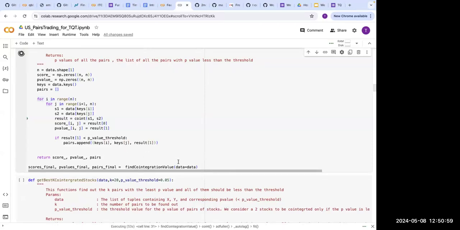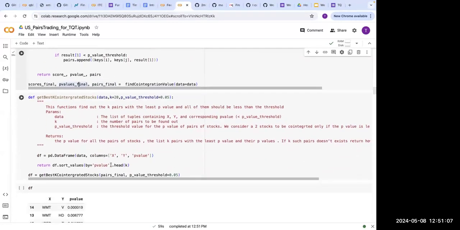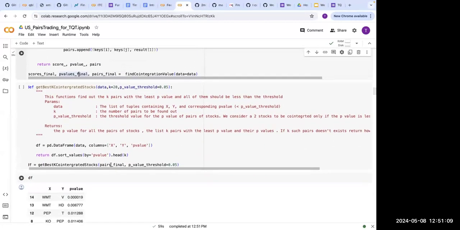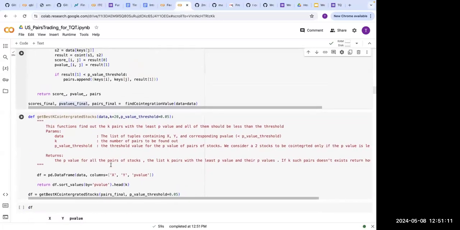And what we will do is finally assign all the scores, p-values and pairs into one frame where we can see what were the top performing pairs that are correlated. So in the next function, we are finding the top 20 pairs of correlated stocks.